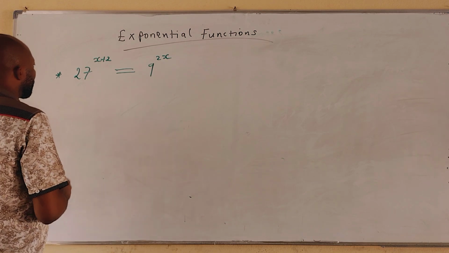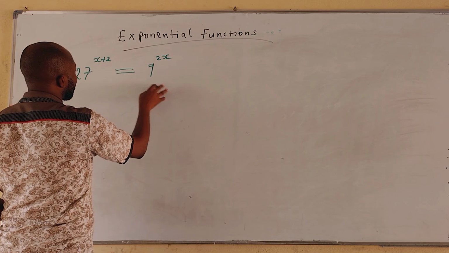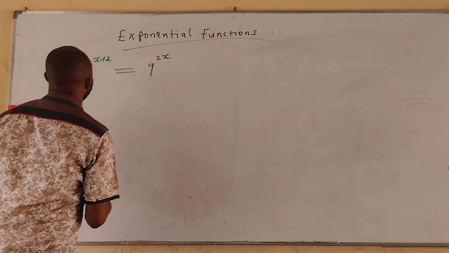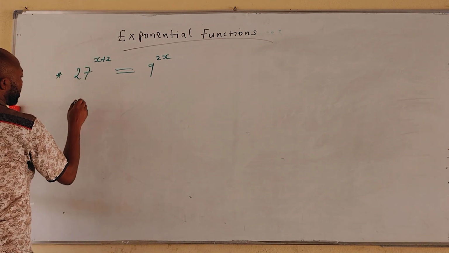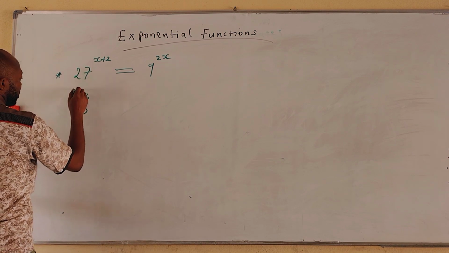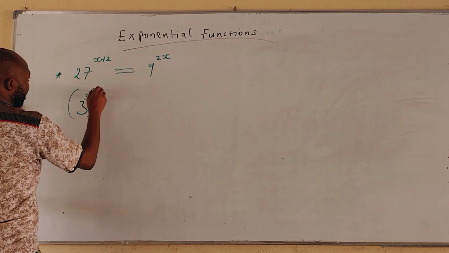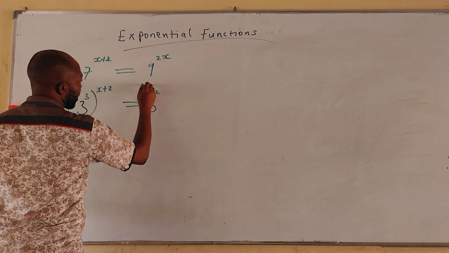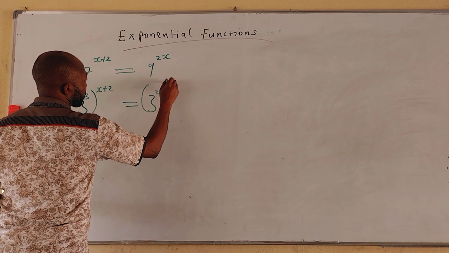Now, what is common between these two is that I can reduce this to have a base of 3, and this I can also do the same. So here, 3 raised to the power of 3 will give me 27, all raised to the power of x plus 2, is equal to 3 raised to the power 2 here, all raised to the power 2x.